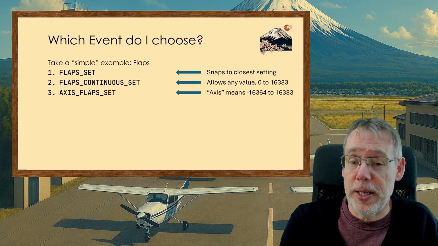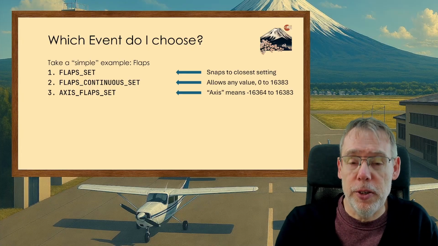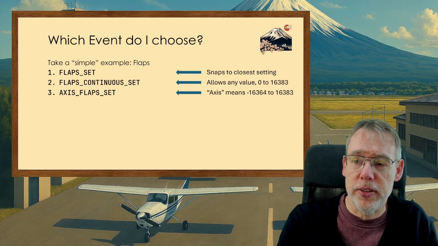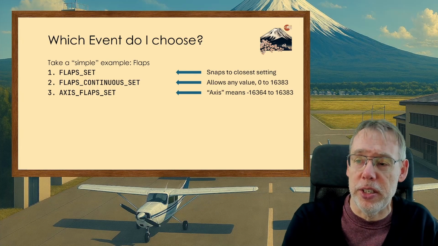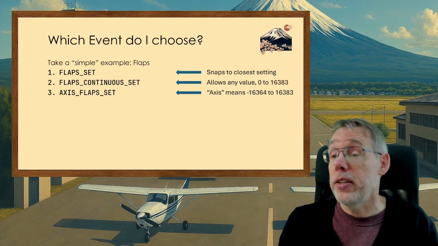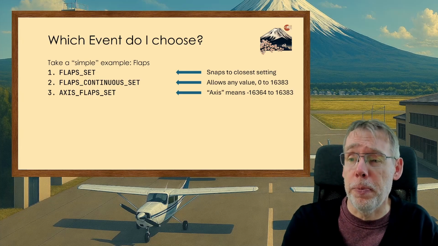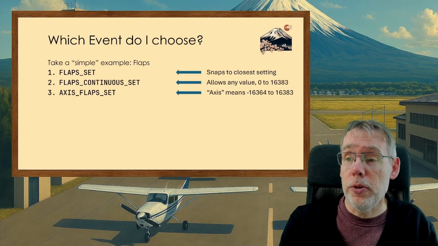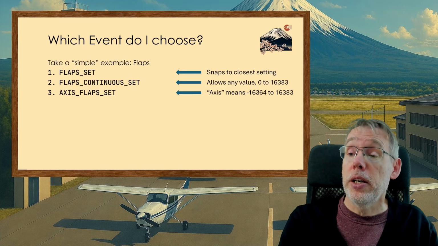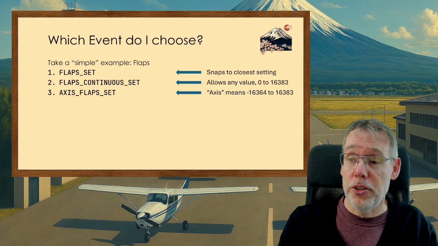So axis flaps set lets you set a value between minus 16,384 and plus 16,383. I think that should have been minus 384. Sorry for the typo. And in case you want to know, that is actually 14 bits values.